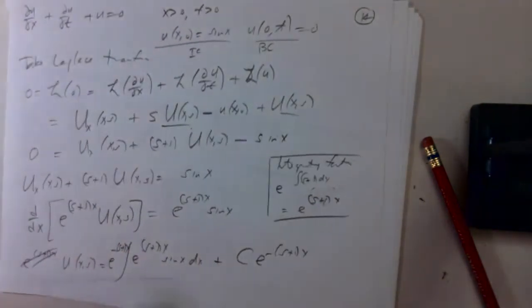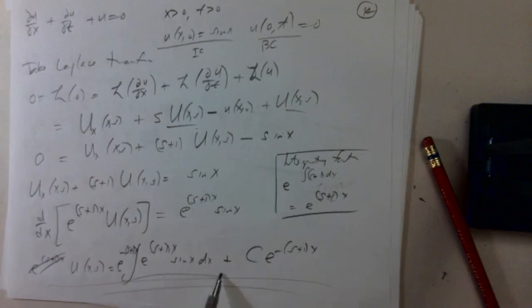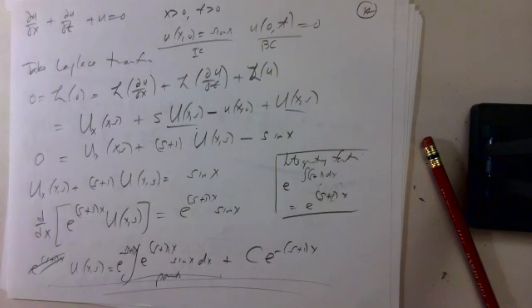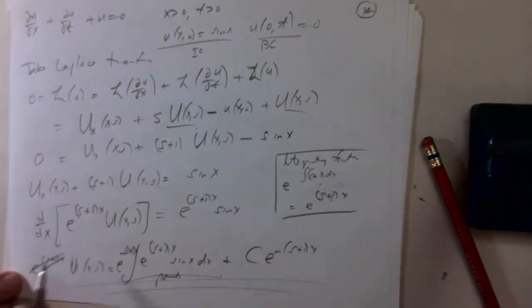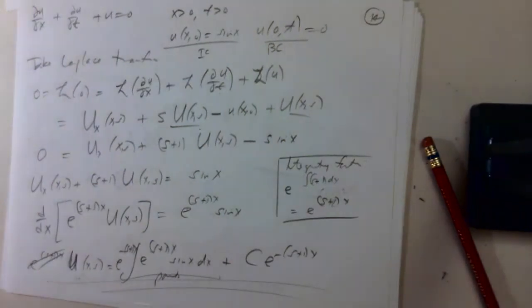So it's a little bit of work to clean up from here, but this integral can be done by parts, and you can find the initial conditions. So what we have here is the Laplace transform of u. And so we have to figure out what this is and then work out the inverse Laplace transform.